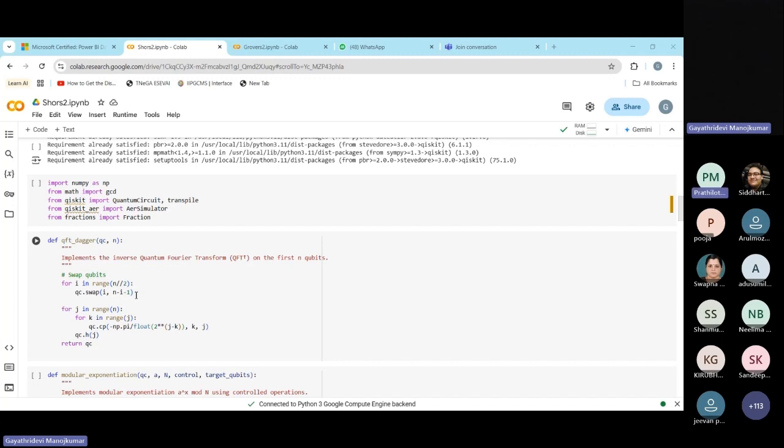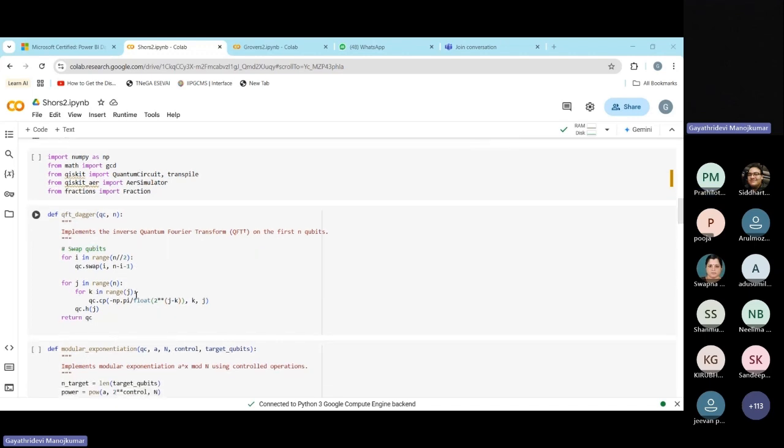Fraction helps me convert the measured phases into a rational approximation. This is going to find the period which we have discussed, that is r.